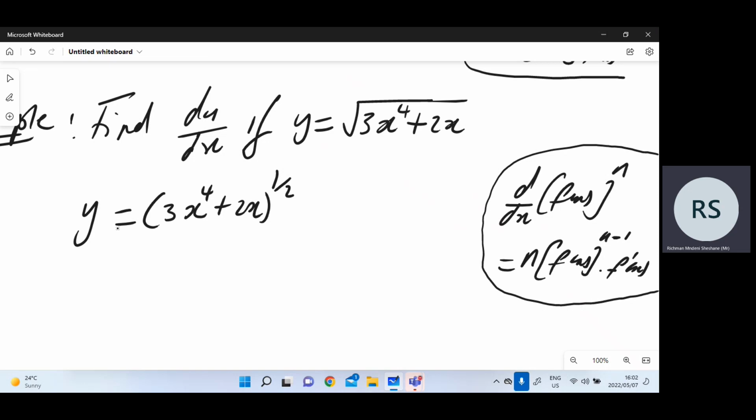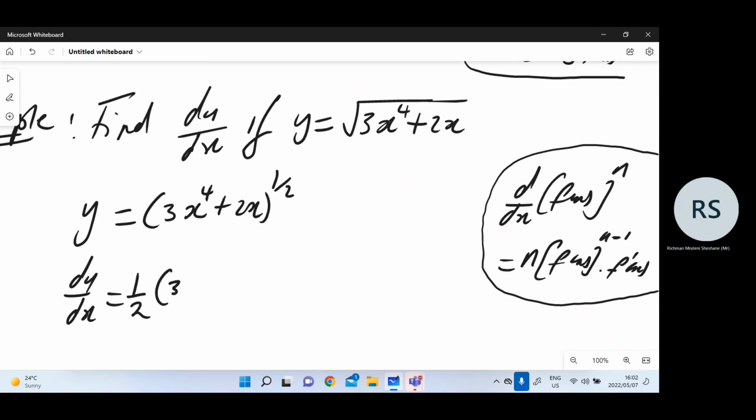Here I have y, which is function to the power of n. When I'm finding the derivative of this function, the derivative should be n down, and then return the inner function here, which is 3x to the power of 4 plus 2x to the power of n minus 1.